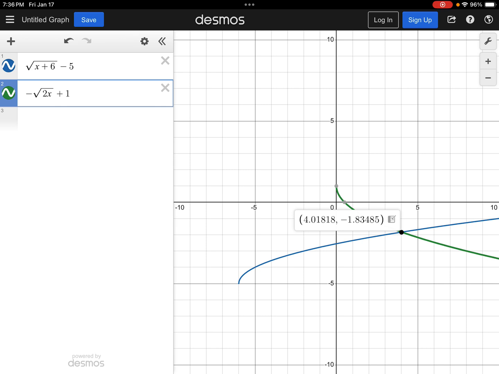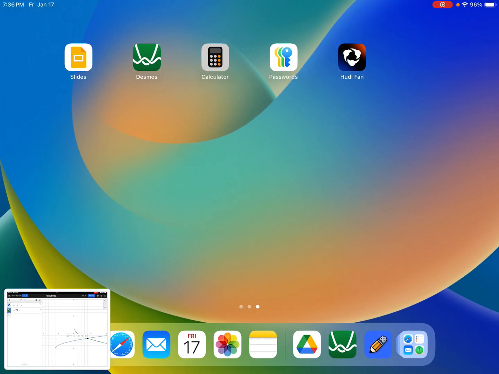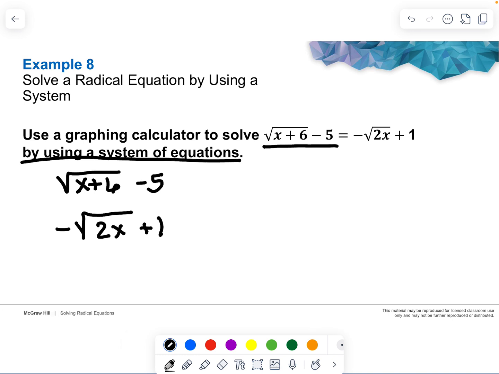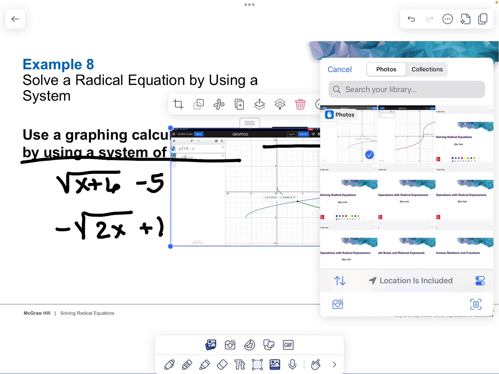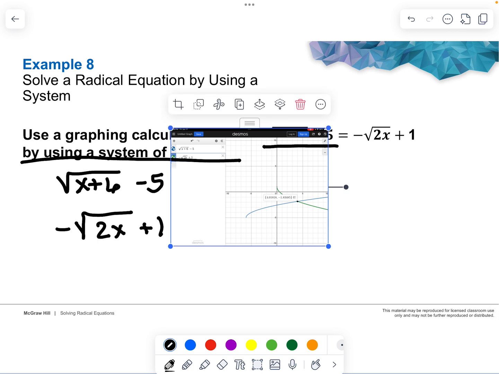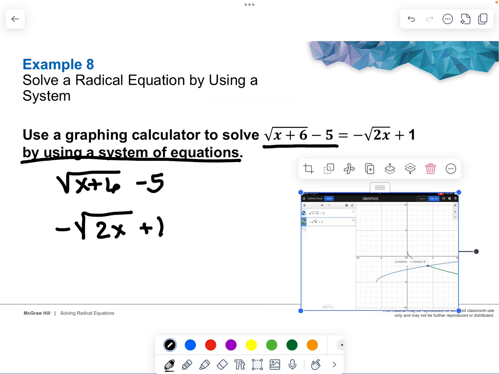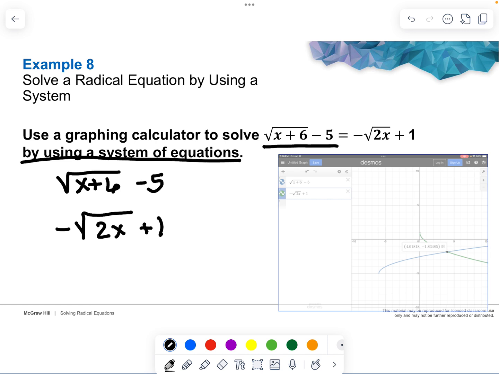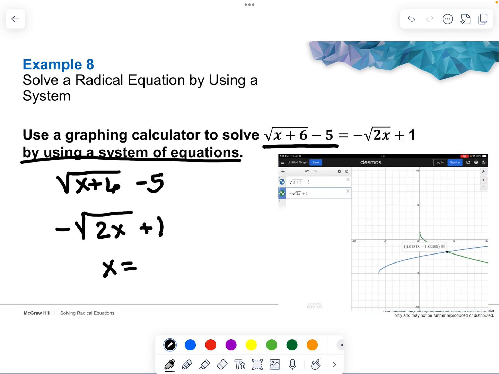We only care about the x value, so 4.02. Make it a little bit bigger so we can see it. X equals 4.02. So all we did was graph one part, graph the other part, and looked for where they intersect.